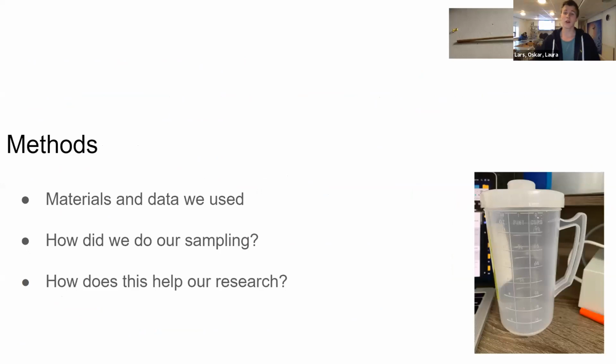All right, so our methods. Well, first of all, what materials and data did we use? Well, since we're not all here up in Greenland, we didn't have the opportunity to use the exact same tools. So just for a comparison, we have 2 different cups in the right top and right bottom. So as you can guess, our results varied a bit.